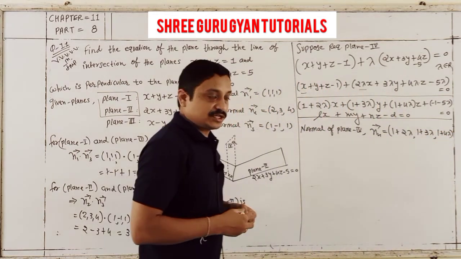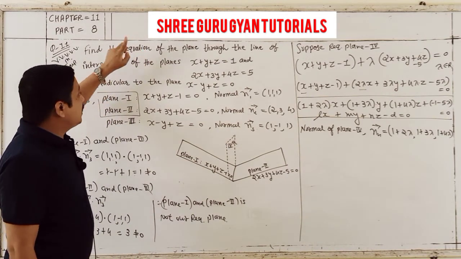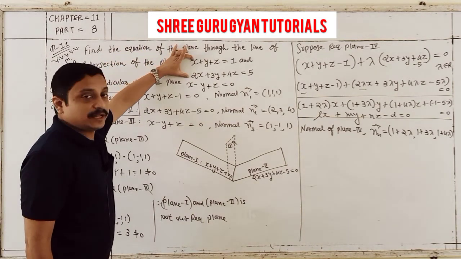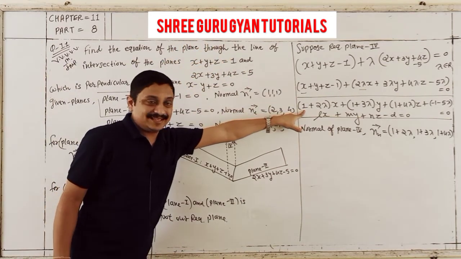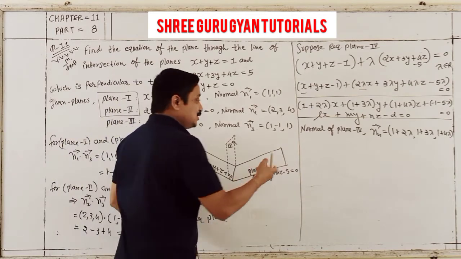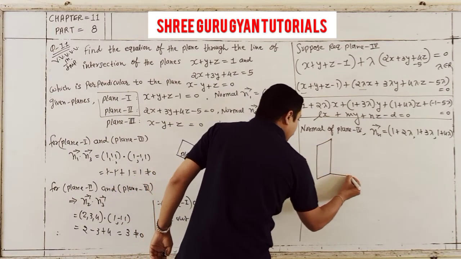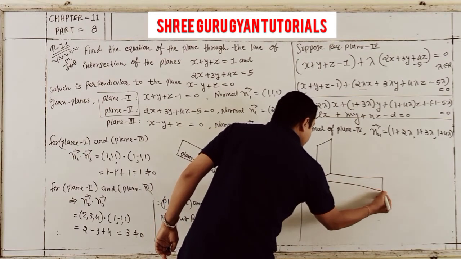Now read the question again, students. Find the equation of the plane passing through the common intersection of plane 1 and plane 2 and perpendicular to plane 3. So students, this is your drawing.